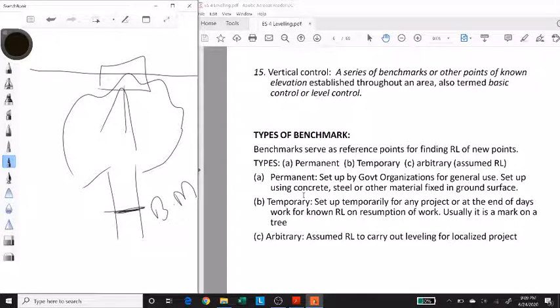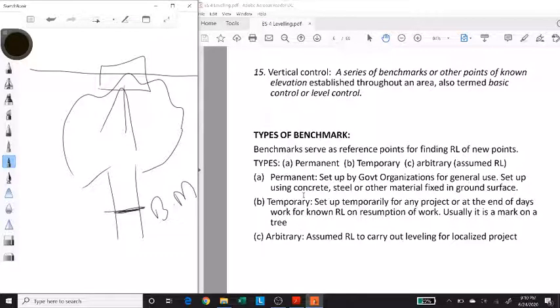You are just concerned that whatever work you do over there, the levels are proper with reference to some local point, right? So in that case, you can introduce your own datum, your own benchmark, and that arbitrary or assumed point will be called an arbitrary benchmark, whose reduced level can be of any value, 0, 100, any value.